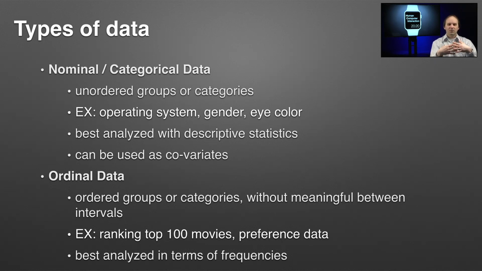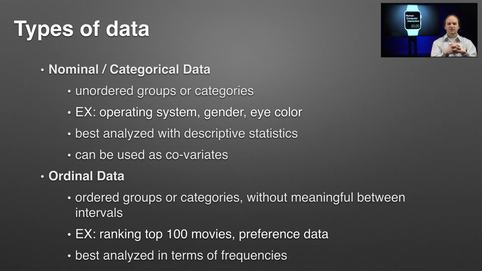So when we have this kind of data, typically we analyze it using just descriptive statistics. So we'll say, this percentage of participants used Windows primarily. You can do a little bit more. You can use it as a covariate in your analysis.